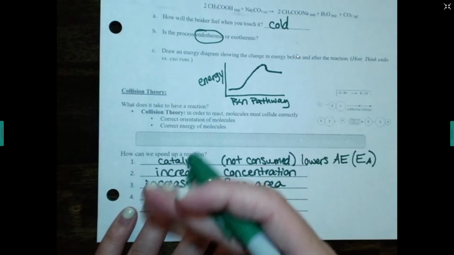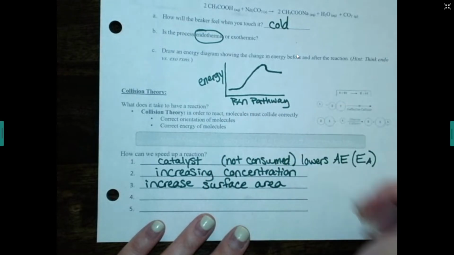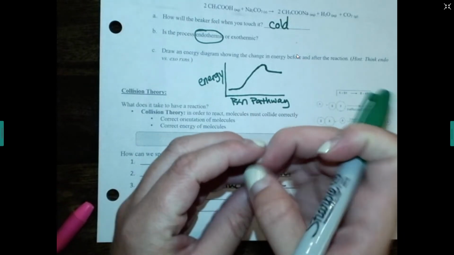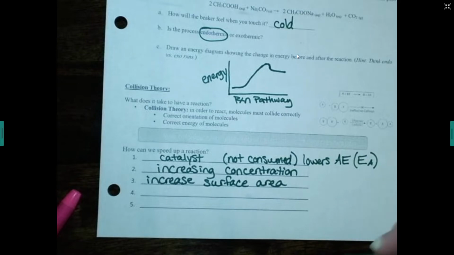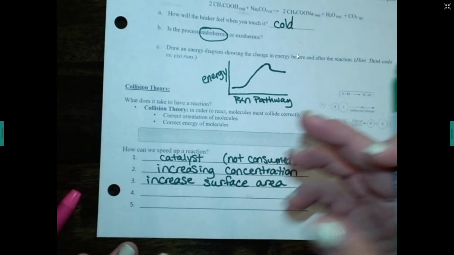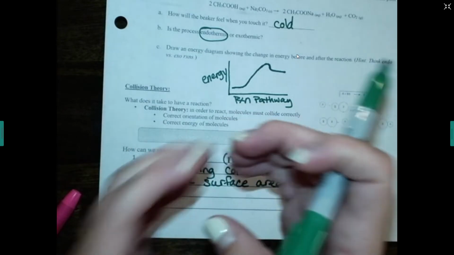And that's going to make it react a lot faster. So instead of having things in a big chunk, if you break it up into a larger surface area, meaning spread it out into a powder, there's basically more room for those particles to interact with it rather than if it's in one big crystal.